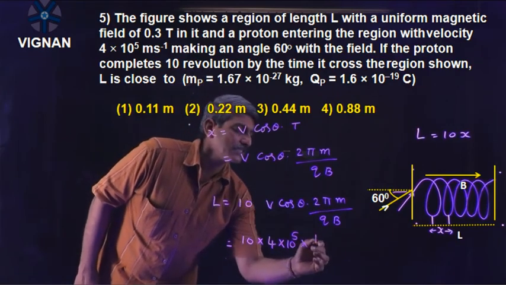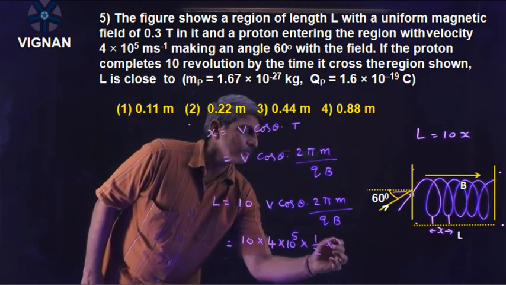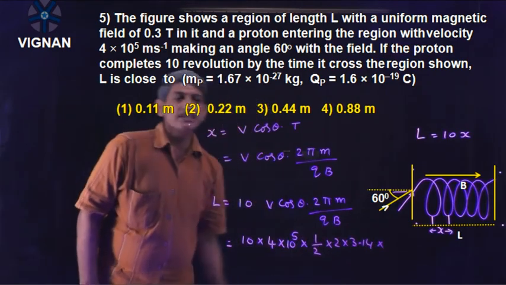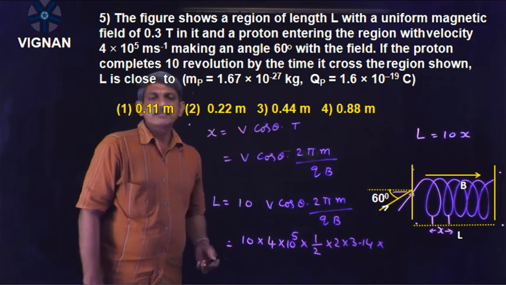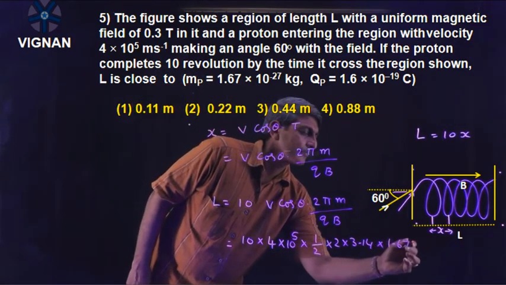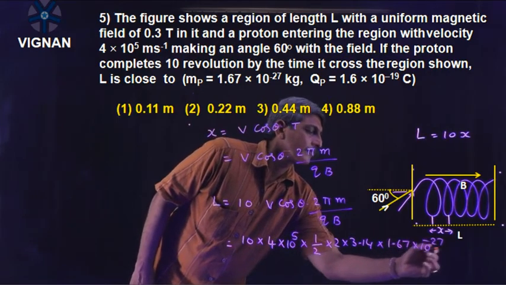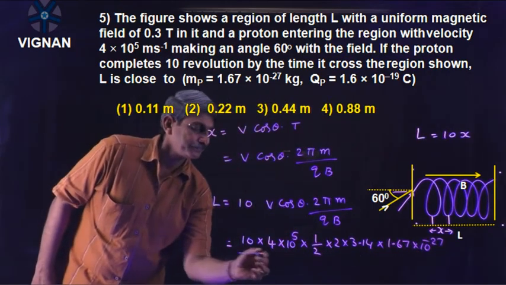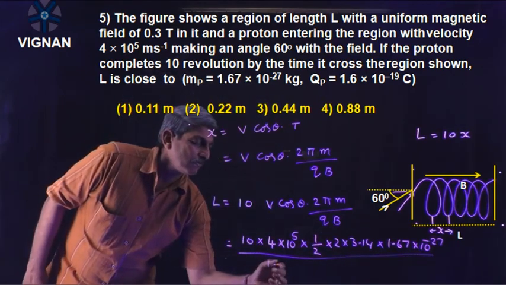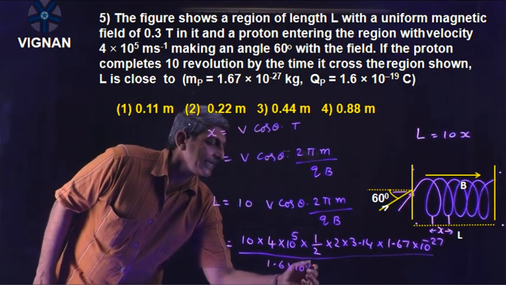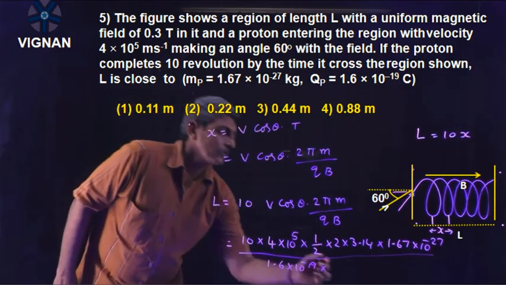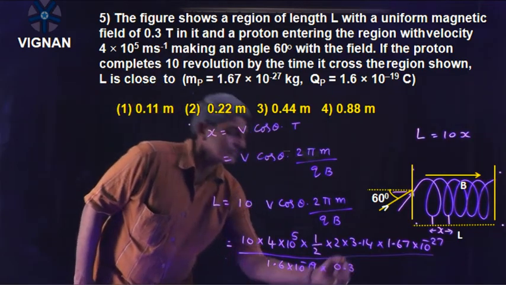That's why cos 60 is equal to 1 by 2, into 2 into 3.14 into m, the mass of the proton, which is given as 1.67 into 10 to the power of minus 27 kg, divided by q, the charge of the particle, which is given as 1.6 into 10 to the power of minus 19, into B, the magnetic induction value, which is given as 0.3 Tesla.